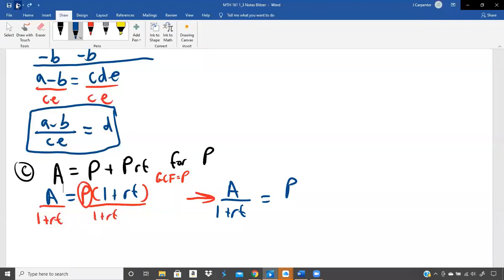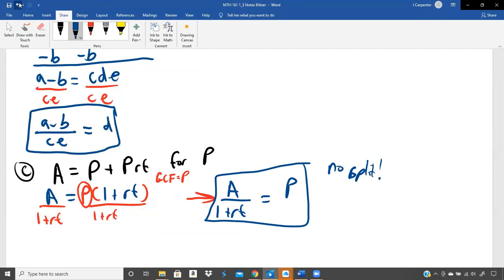Is this a pretty answer? No, but is it the answer? Yes. There's no way you could split this because the plus is in the bottom. You can't split fractions when you have pluses or minuses in the bottom in that way.